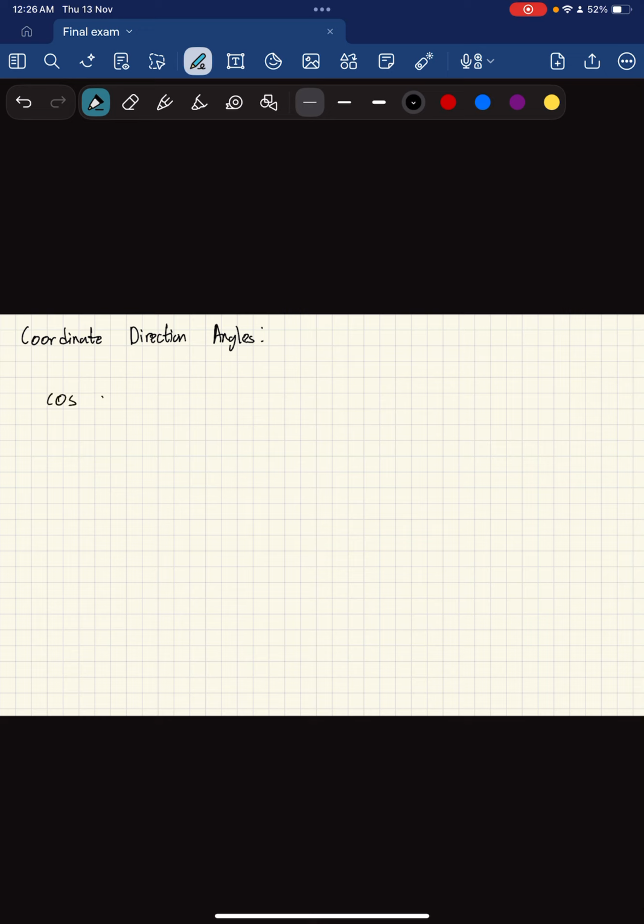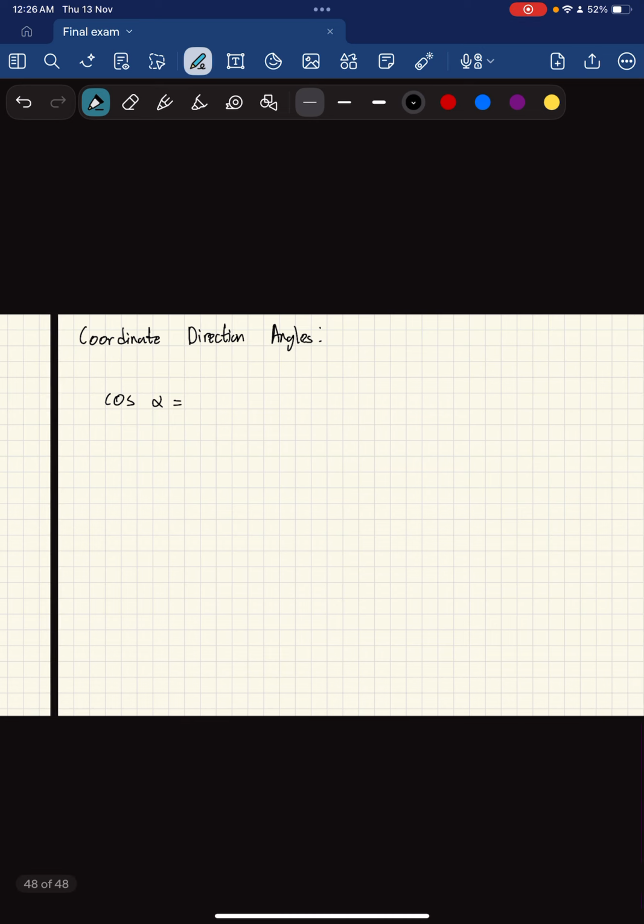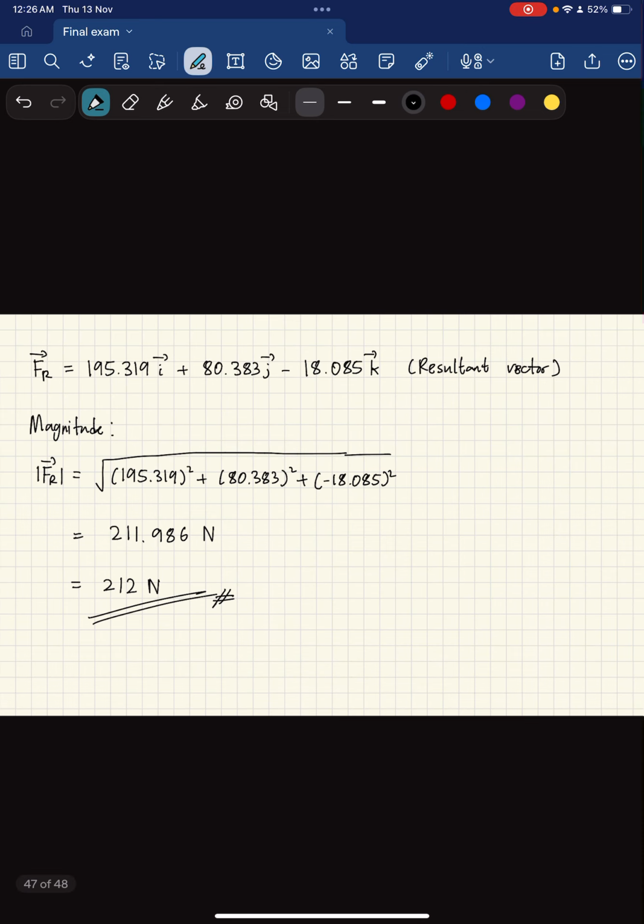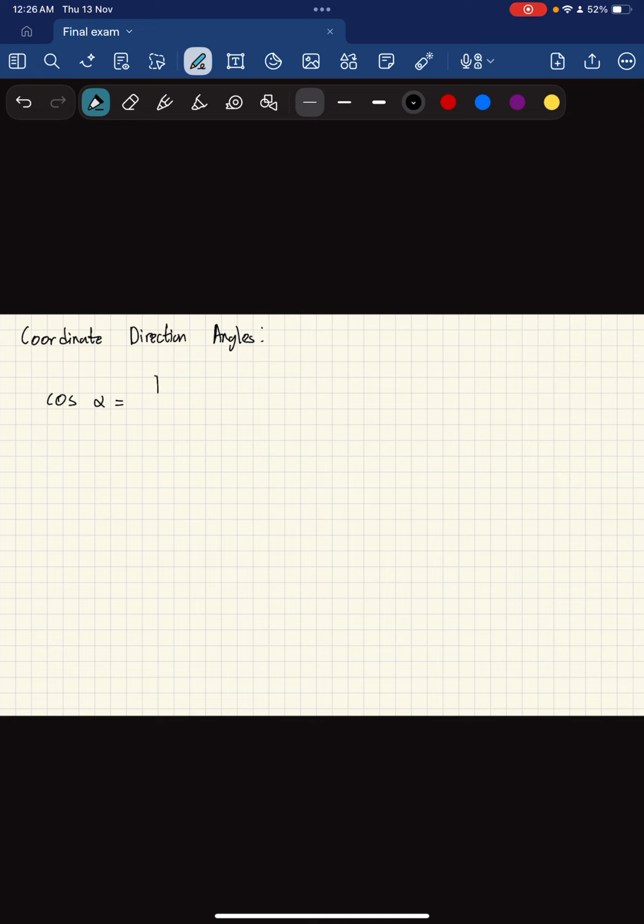So we know that cos alpha is simply your Fx over the magnitude of the whole vector itself, the magnitude of Fr.